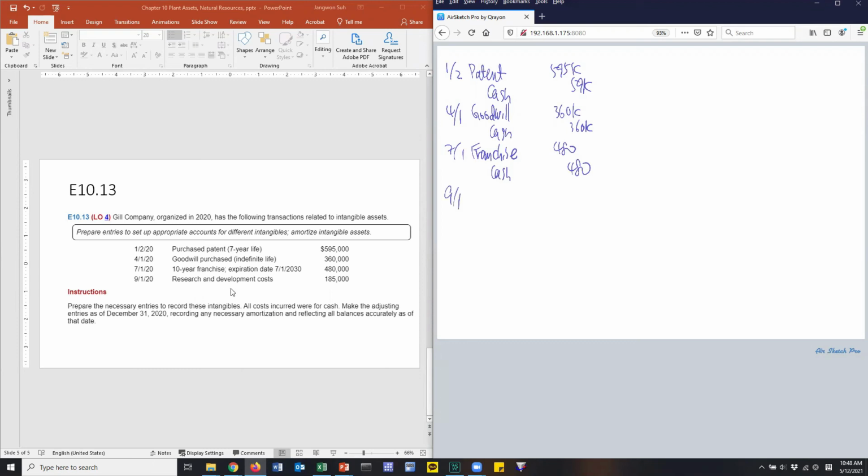R&D, but don't be confused. R&D should be, yes, expensed. So it should be R&D expense. How much? 185. Cool.